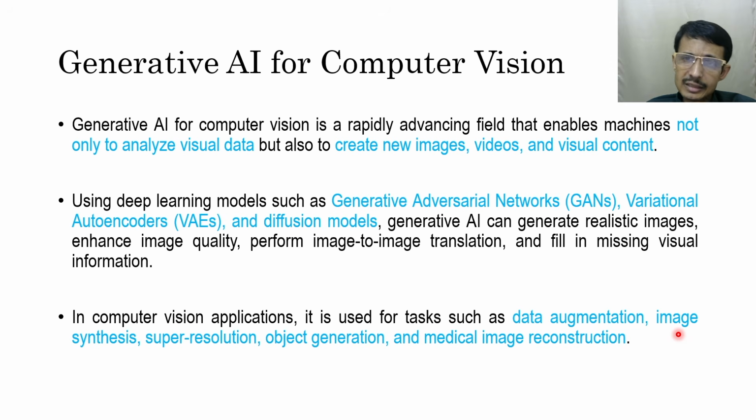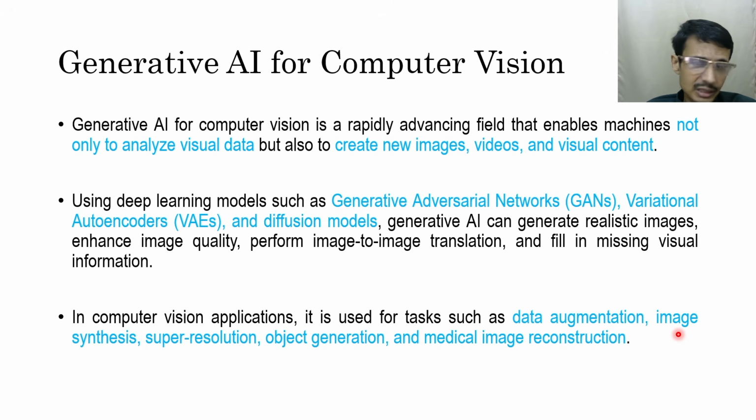There is also inpainting, filling in missing visual information, or if there is some distortion in an image or video, can we recover that part? So in computer vision applications, generative AI is mainly used for tasks such as data augmentation, image synthesis, super resolution, object generation, medical image reconstruction, and so on.